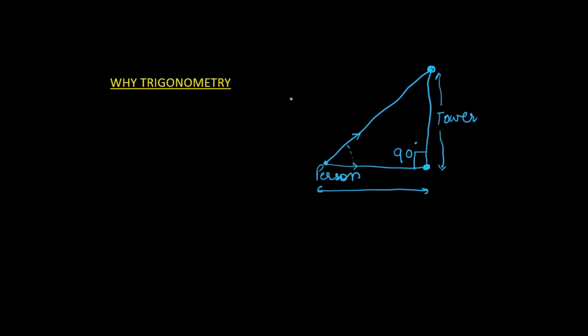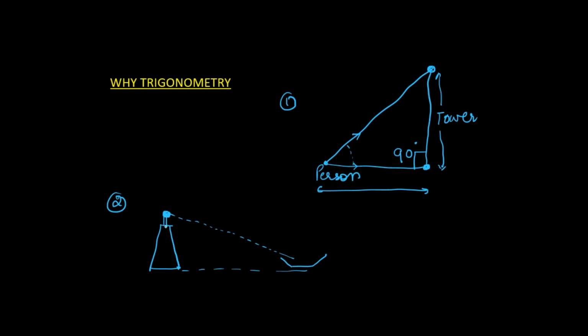Let us consider another example. There is a lighthouse here. Somewhere in the middle of the sea, there is a ship. Now, it's needed to find the distance of the ship from the lighthouse.